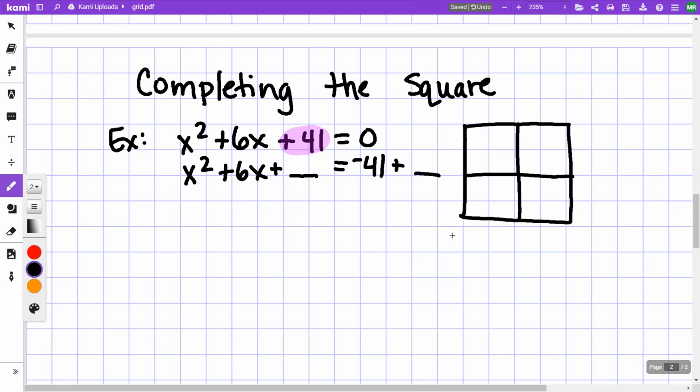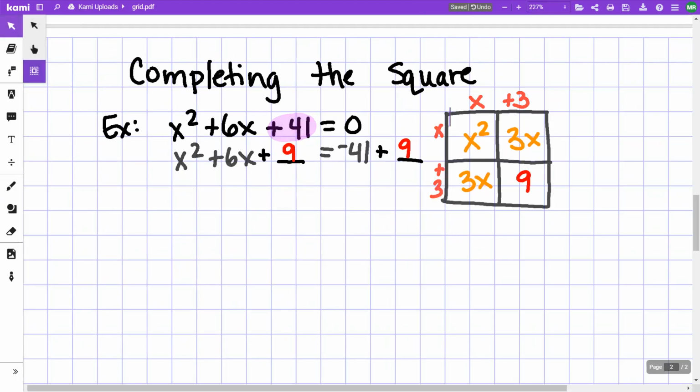So I'm going to have x squared, and then my 6x needs to be split evenly because I want it to be a square. So if I split 6x evenly, it's going to be a 3x and a 3x. So then if I'm trying to find this outside, this is going to be an x plus 3. This is going to be an x plus 3, which means the missing piece has to be 9. So this is going to be a plus 9. This is going to be a plus 9.